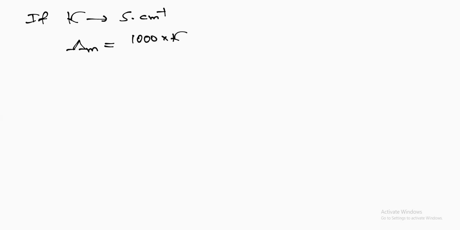So the formula is this. Remember this formula: if kappa is given in Siemens centimeter inverse, then molar conductance can be calculated using the formula 1000 kappa by molarity. In this case the unit of molar conductance is Siemens centimeter square per mole.